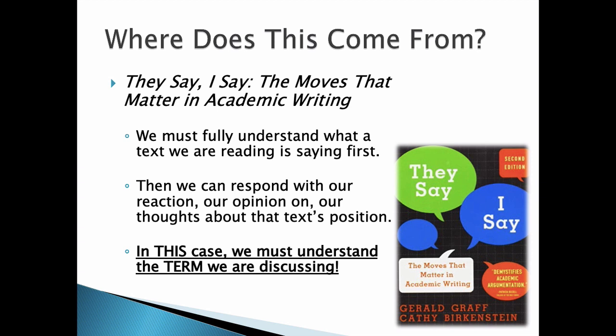Then we respond with our own reaction, our own opinion, our thoughts about that text's position in the I say part. So the paragraph, the essay, the dissertation is where we respond to a text or respond to a theory through our academic writing. And so specifically in this podcast, we're talking about how we must understand the term we are about to discuss before we discuss it.